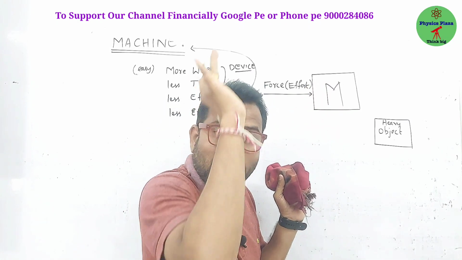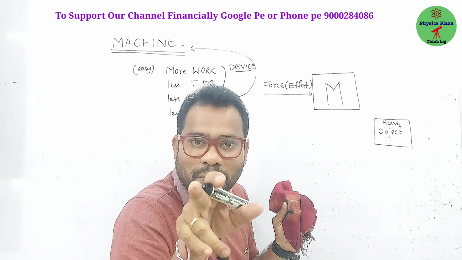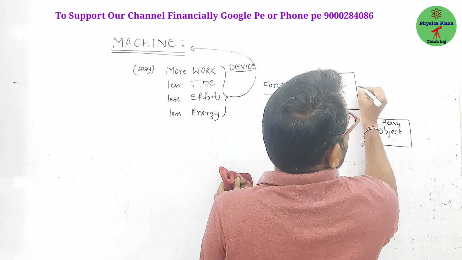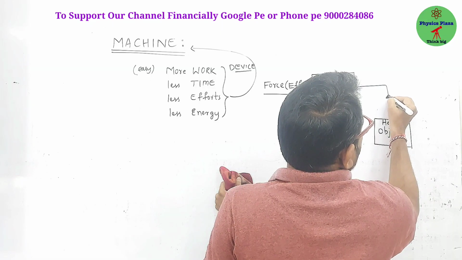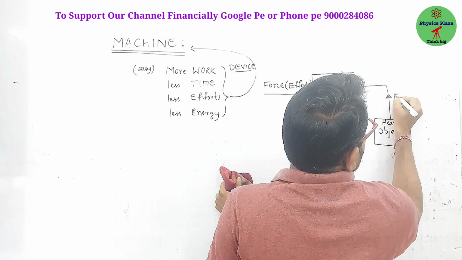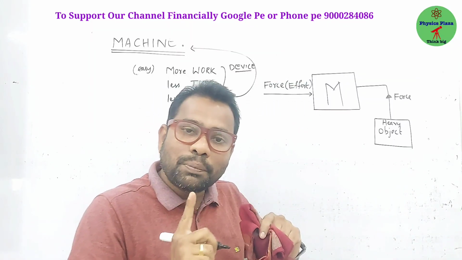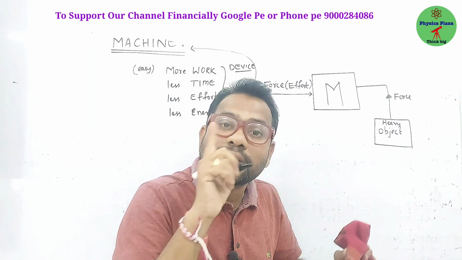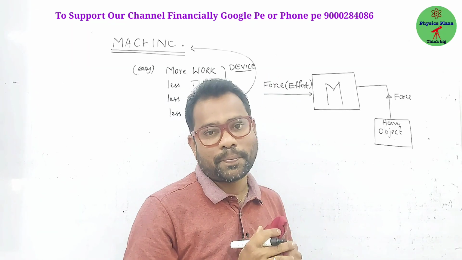Now the machine has to apply some force on the object to lift it. Yes or no? Yes. Children, here two forces are there. We are applying some force on the machine, and as a result the machine is applying force on the object to lift it.